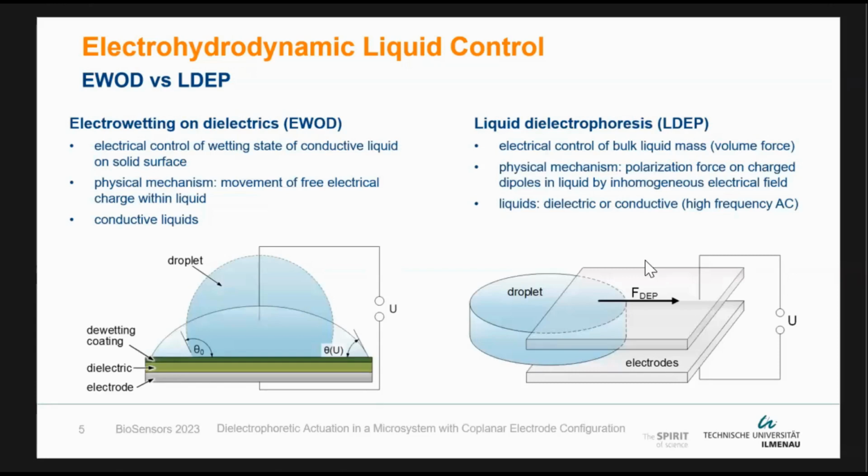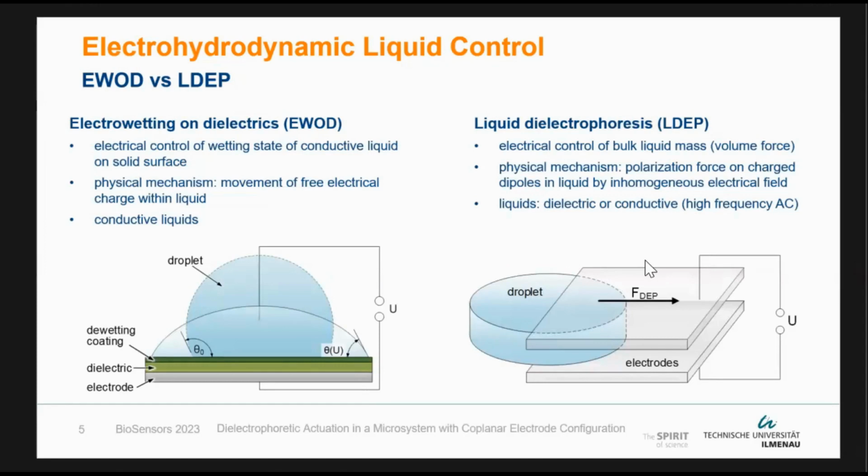Another working mechanism when we're talking about electrohydrodynamic control is based on liquid dielectrophoresis. So this is analogous to electrophoresis as we know it from solid bodies. And this is based on polarization forces on dipoles in our liquid. So this can be applied to dielectric and conductive liquids depending on our frequency. At high AC frequencies, the charge carriers in the liquid cannot follow the fast changing field anymore.